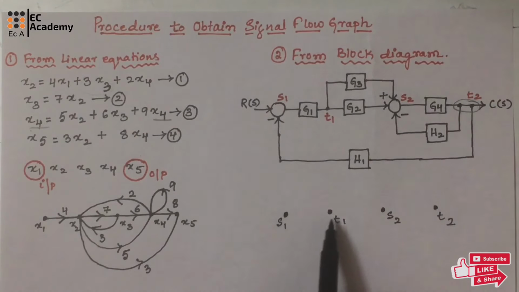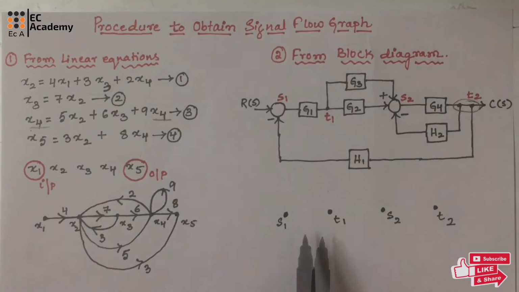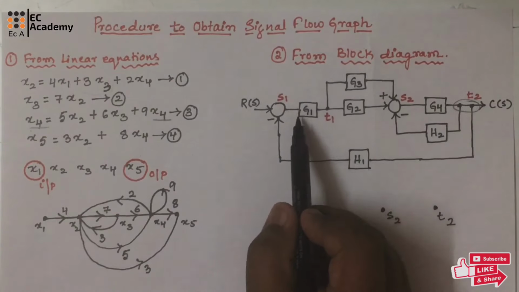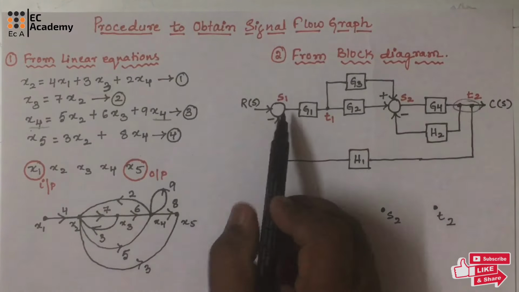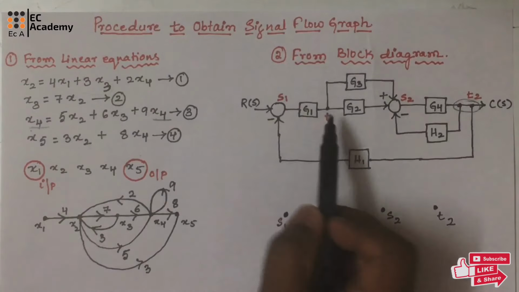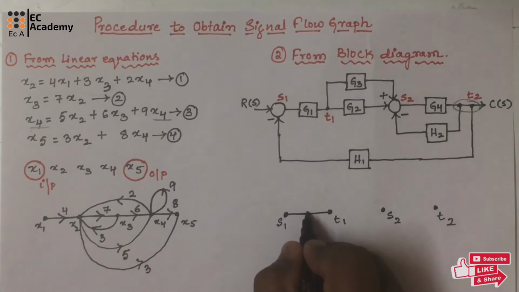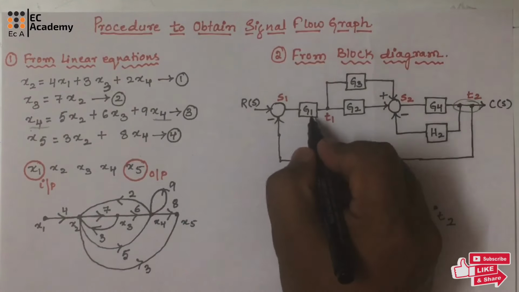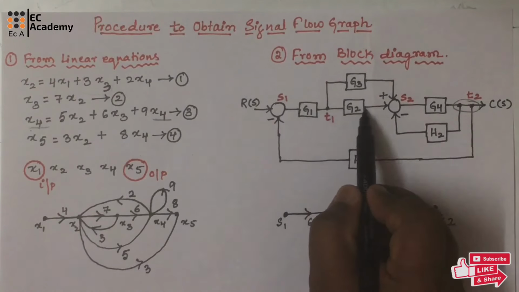Now we need to connect these nodes using branches instead of blocks, and for each branch, we indicate the transfer function of the block as the gain. There is a block between S1 and T1. We can represent that by a branch, and the gain of this branch is the transfer function of the block, which is G1. Now there is a transfer function between T1 and S2.